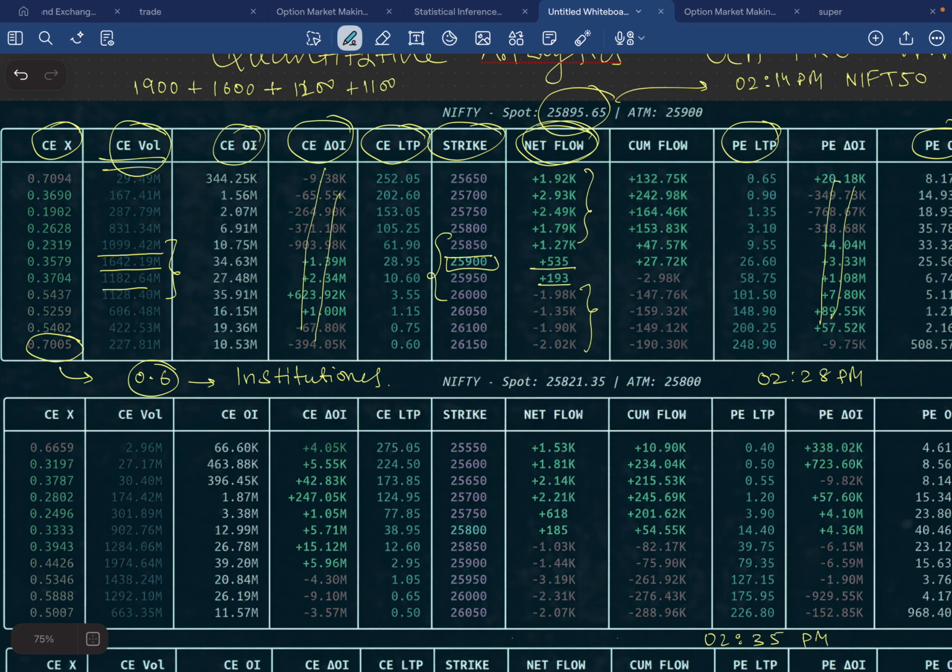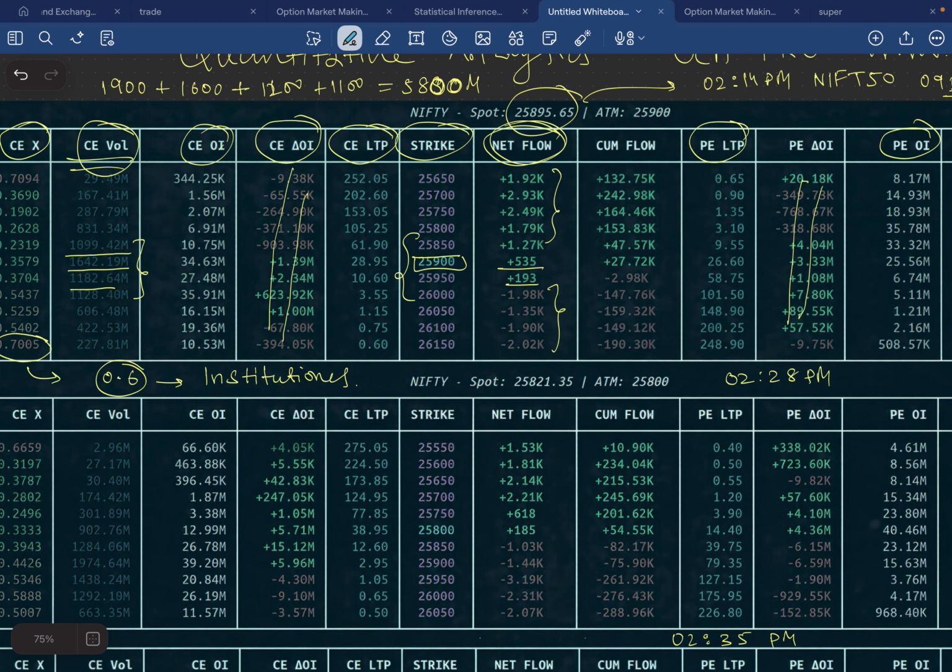So it is going to be 3000, 4200 and 5800 million, and it is notional. It has the relative weight, not the absolute weight. Relative weight means you need to compare the volume of call with put.